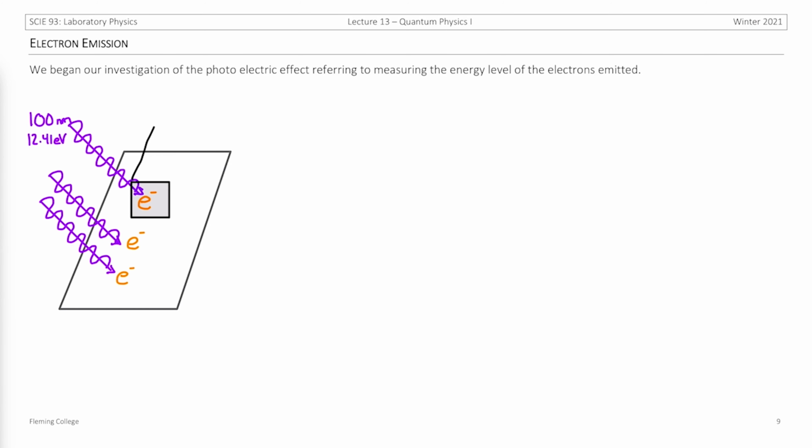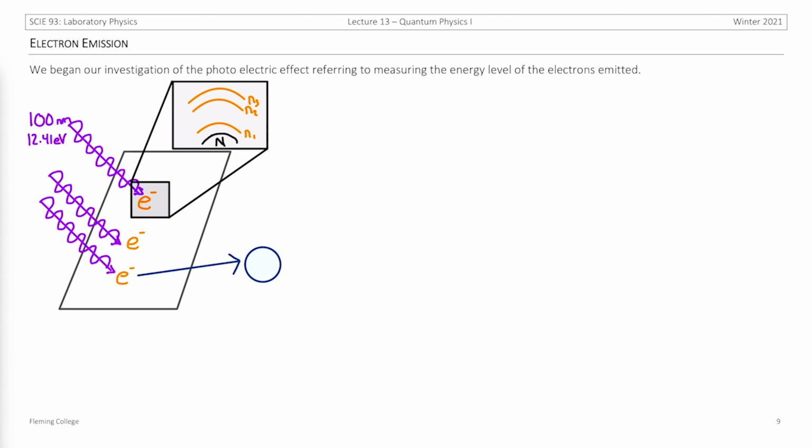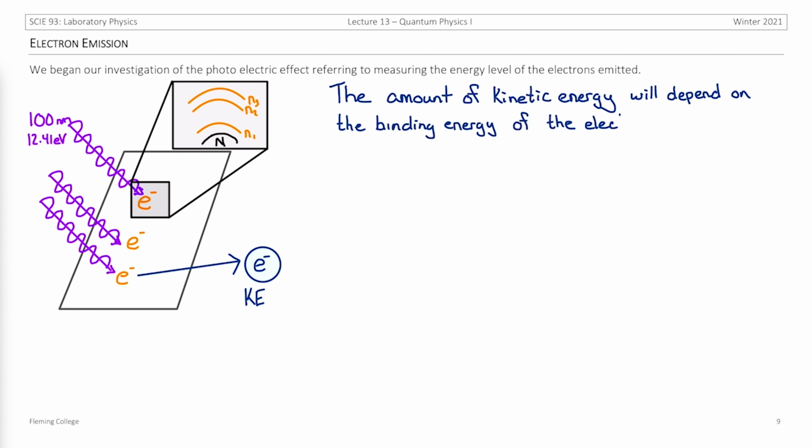If we zoom in on this electron, remember it's associated with an atom. That atom has several energy levels that we expect to see this electron possibly at. And if we're able to eject an electron, the amount of kinetic energy it has is dependent on the energy level it was at.